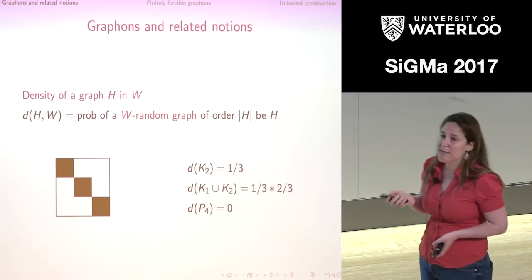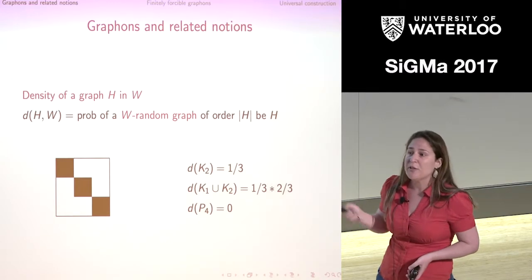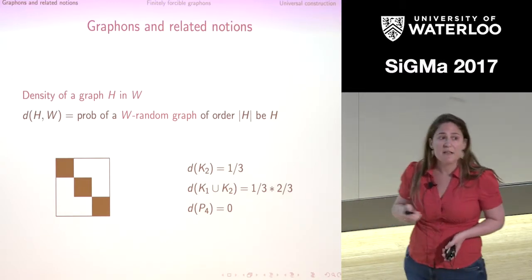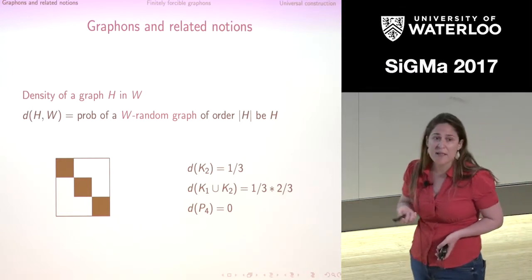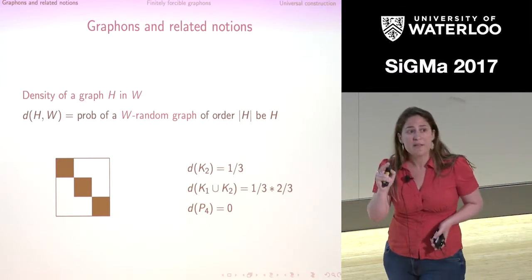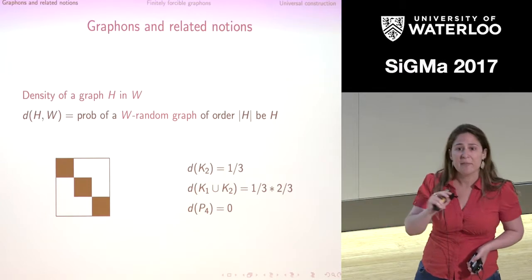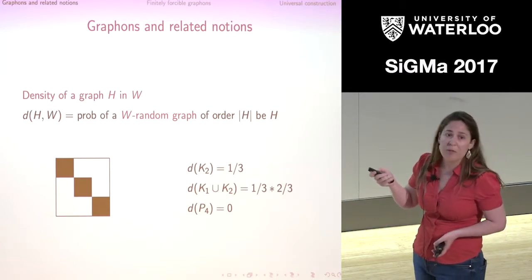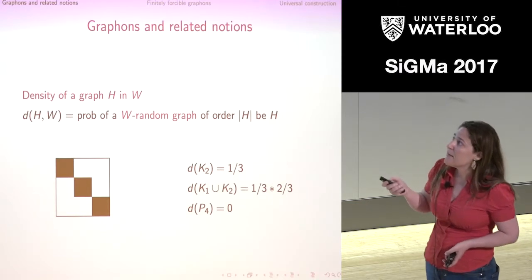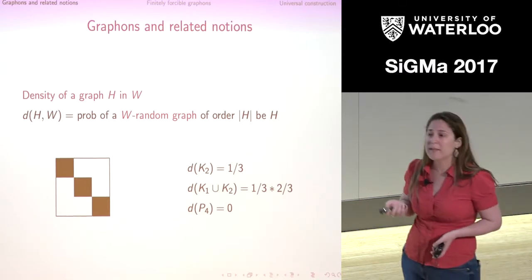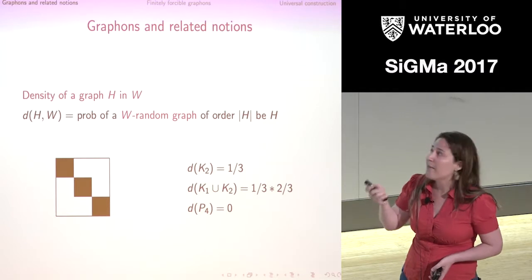Basically, this graphon represents the disjoint union of 3 cliques of the same size. If you want to see the edge density, you just need to pick 2 points, and they need to lie in the same clique, in the same black box here. So whenever you pick 2 points, the probability that they will be in the same block is 1/3, since you have 3 blocks.